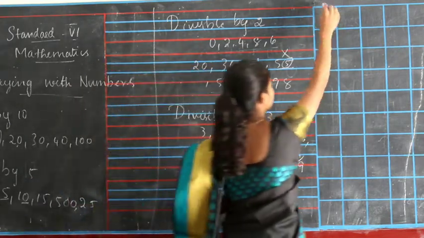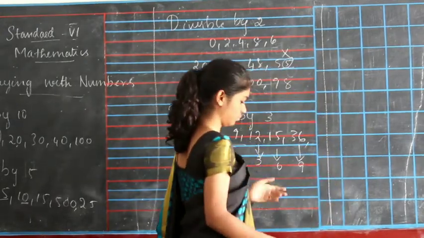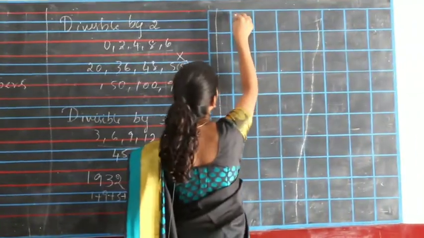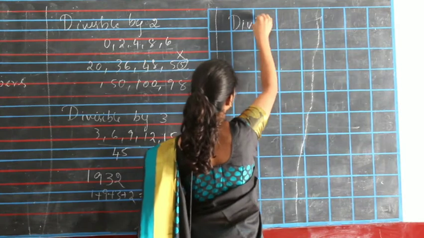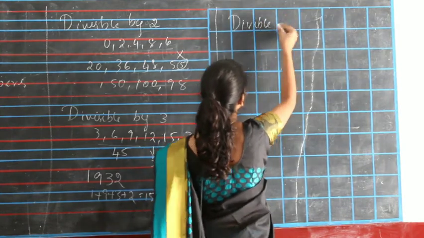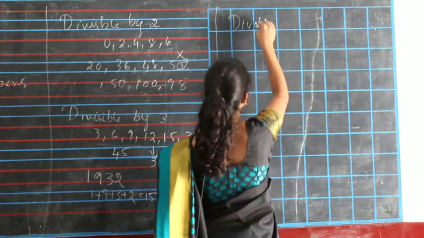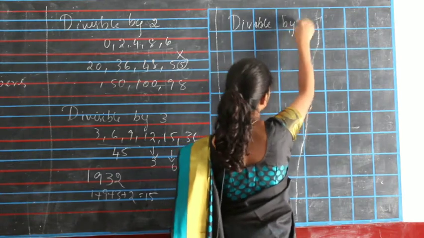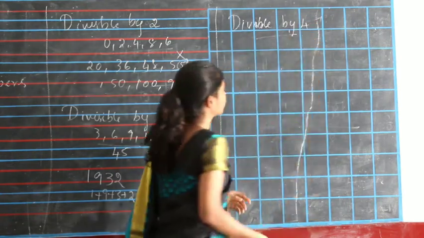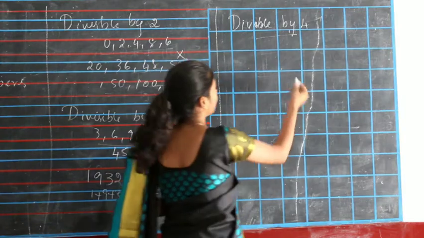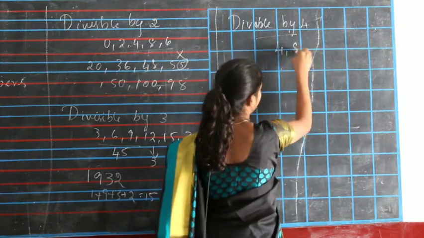Okay, so next, now we are moving on to divisible by 4.